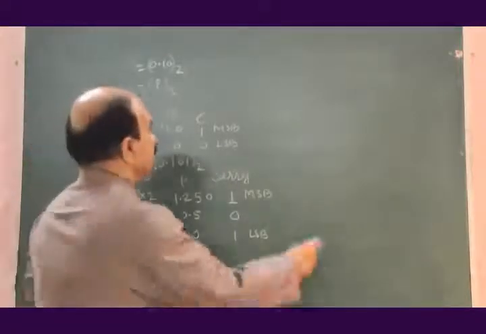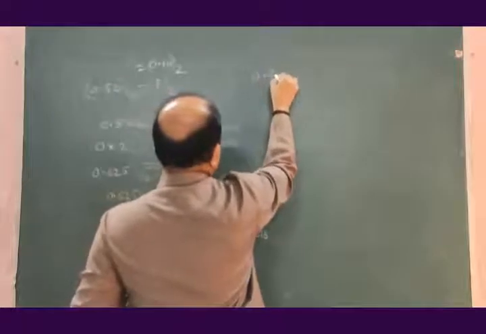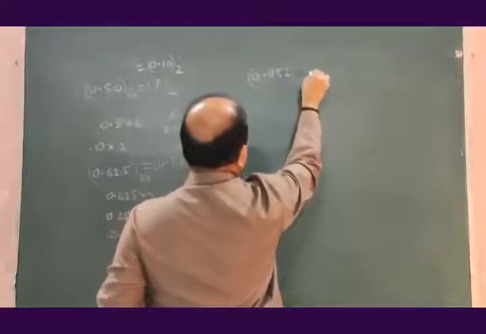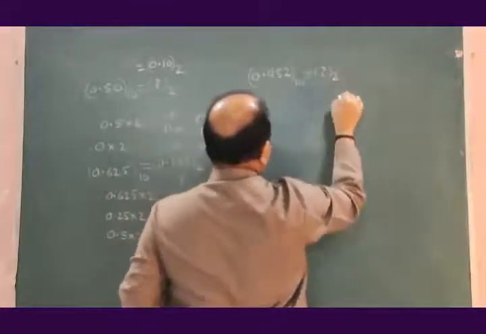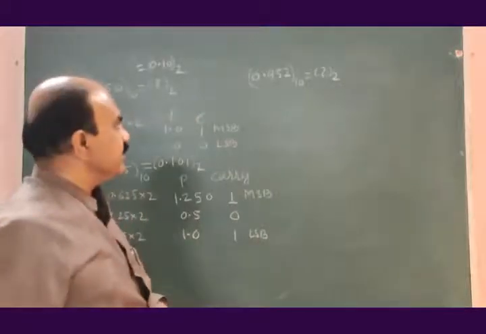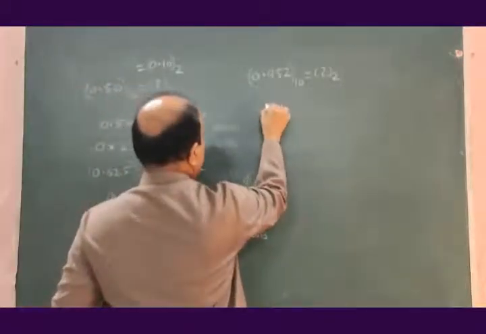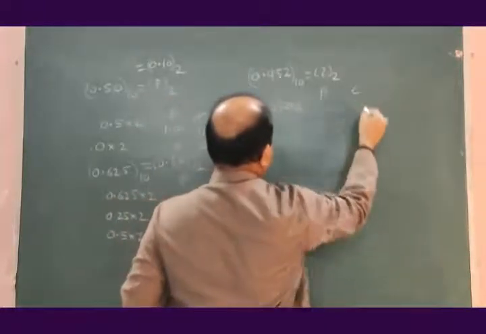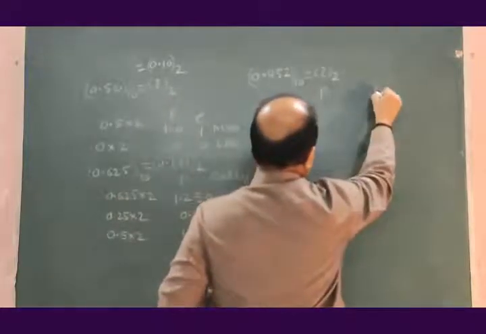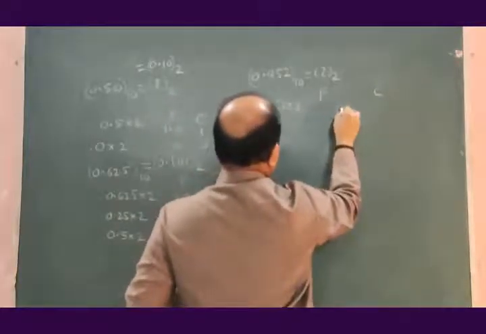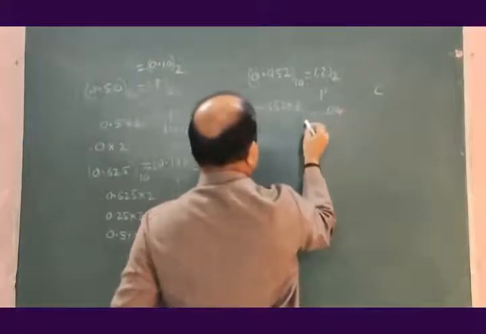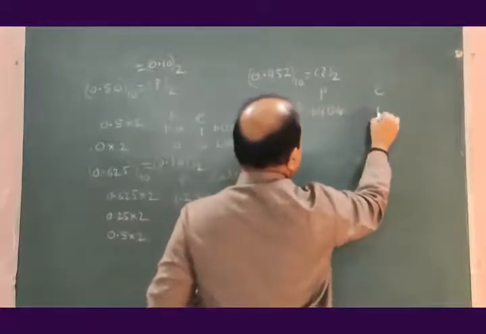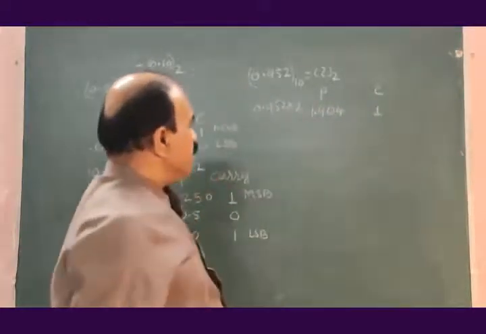Let us take some other example. 0.952 in decimal. What should be this in binary? Let us work out. 0.952 into 2, take product here, carry here. 2 2s are 4, 2 5s are 10, 0, 2 9s are 18 plus 1, 19, 1.904, carry 1.